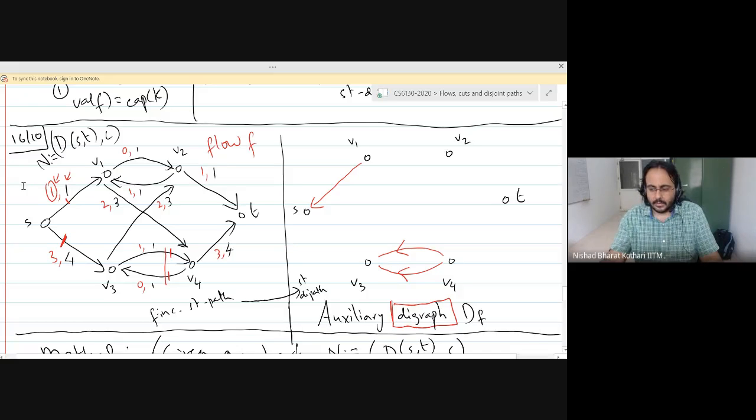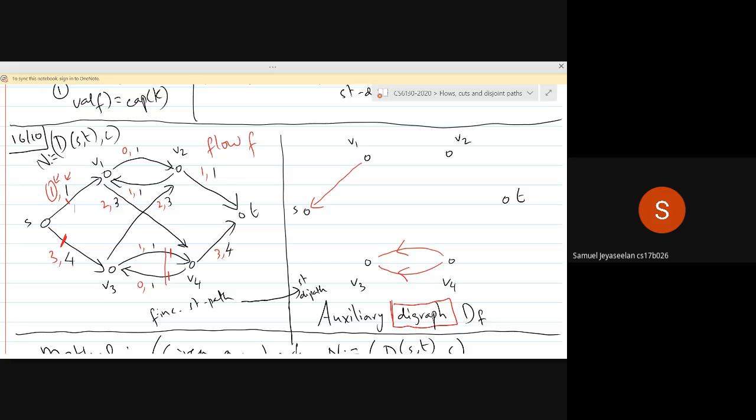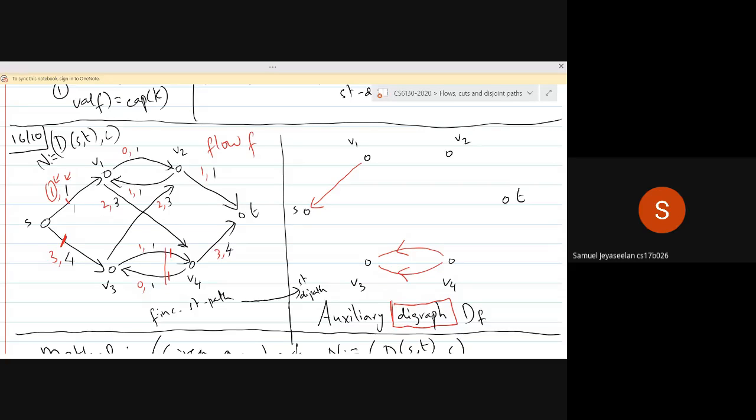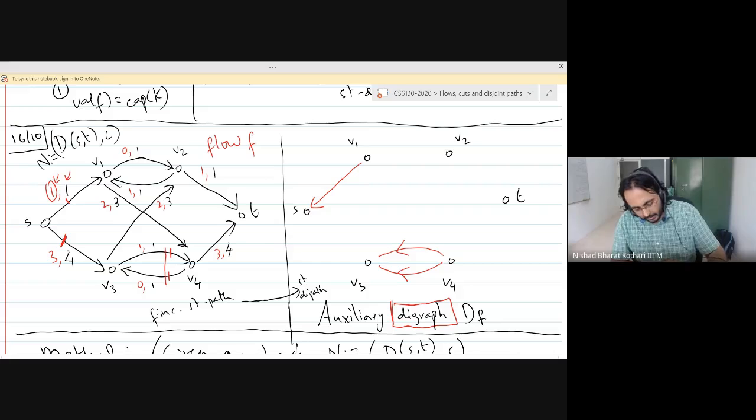I want someone else to respond. I'll start calling out names. Samuel, are you there? What do you think we should do here? You should have a forward and backward arc. Because the flow is less than the capacity, so we can send more flow. So we put the forward arc.